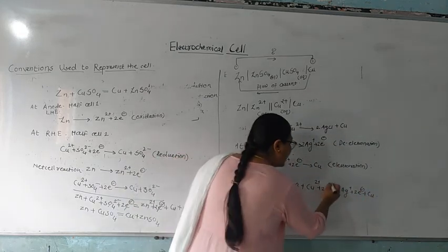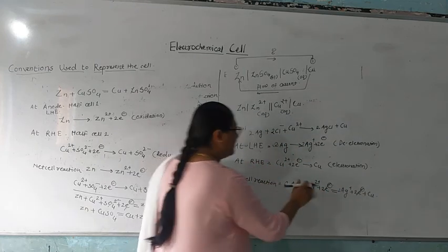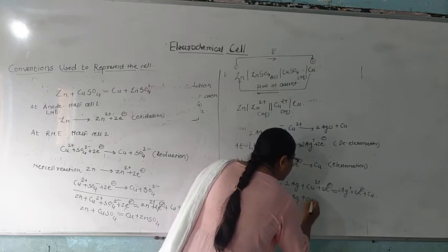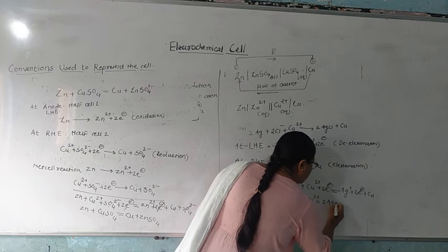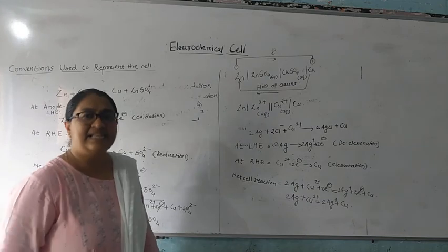The 2 electrons get cancelled. Similar terms on both sides we have cancelled. Therefore our final reaction is twice of silver plus copper 2 plus is equal to twice of Ag plus plus copper. So this is our net cell reaction.